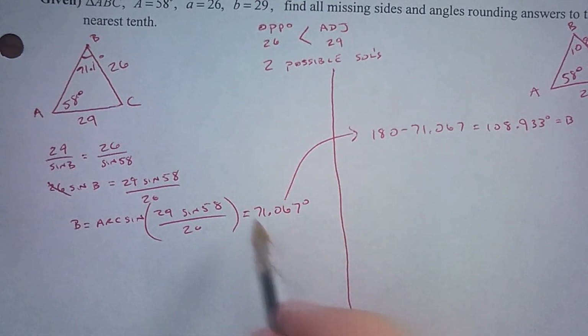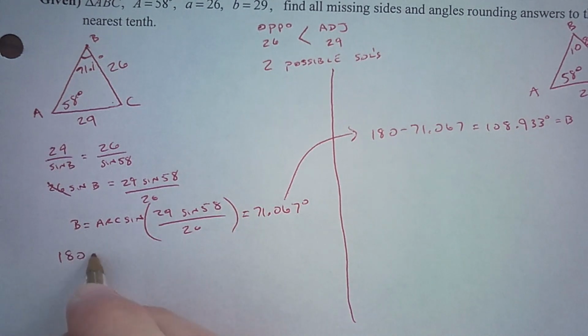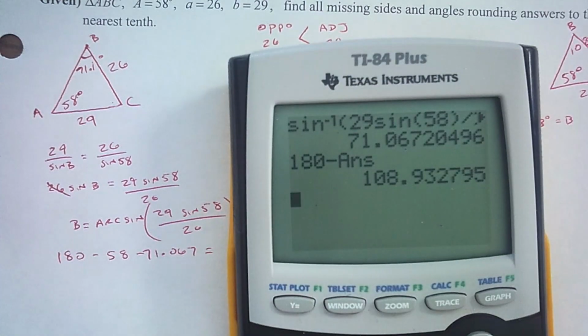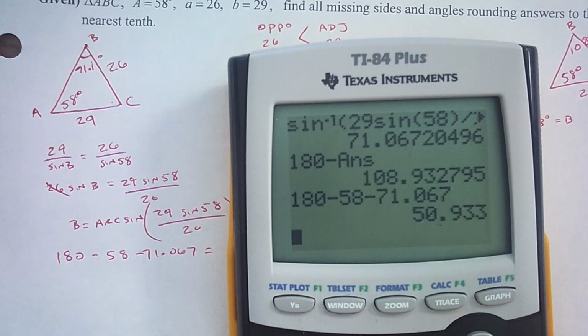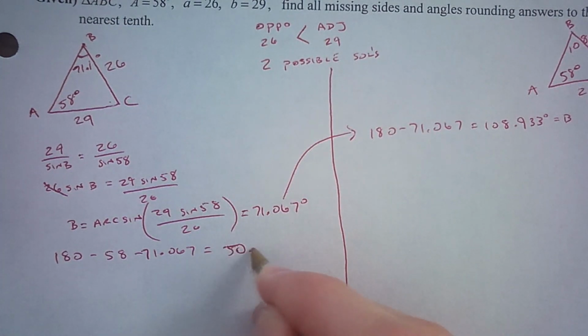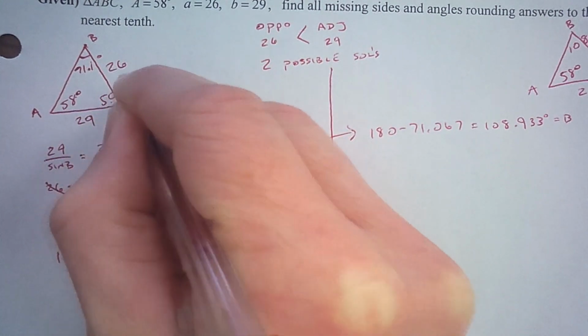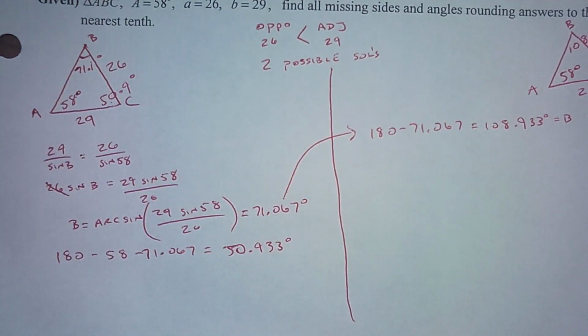Okay, so then we can find angle C by doing 180 minus the 2 angles that I now know, 58 and 71.067. So I get 50.933 degrees. So we'll call that 50.9 as we round to the nearest tenth.